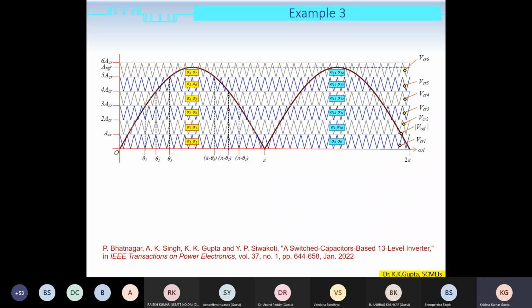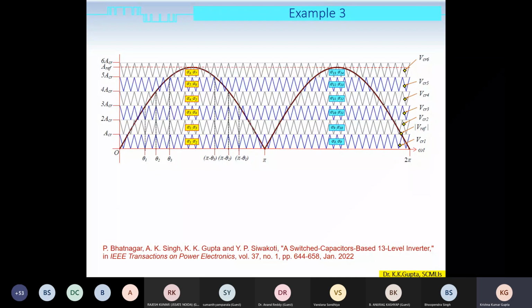An important role will be played by the way these capacitors are switching their states, right? Because in some states, one capacitor is undergoing a charging process, and in some other state it is undergoing a discharging process. So it is important to analyze the modulation part also.